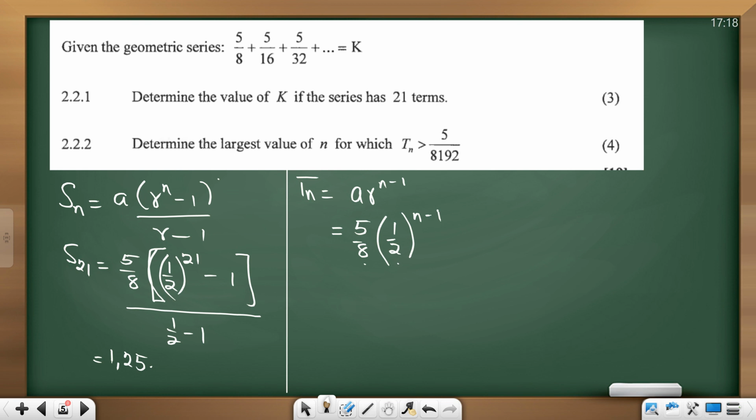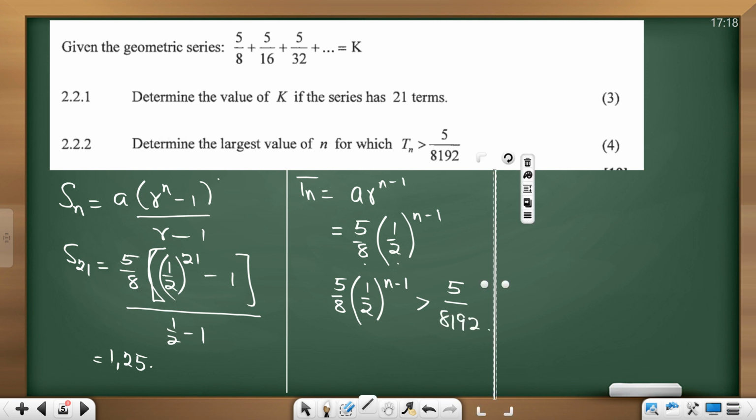Okay. Now, examiner says Tn must be greater. Just put Tn there. 5 over 8, 1 over 2 to the power n minus 1 must be greater than 5 over 8192. We divide both sides by 5 over 8.